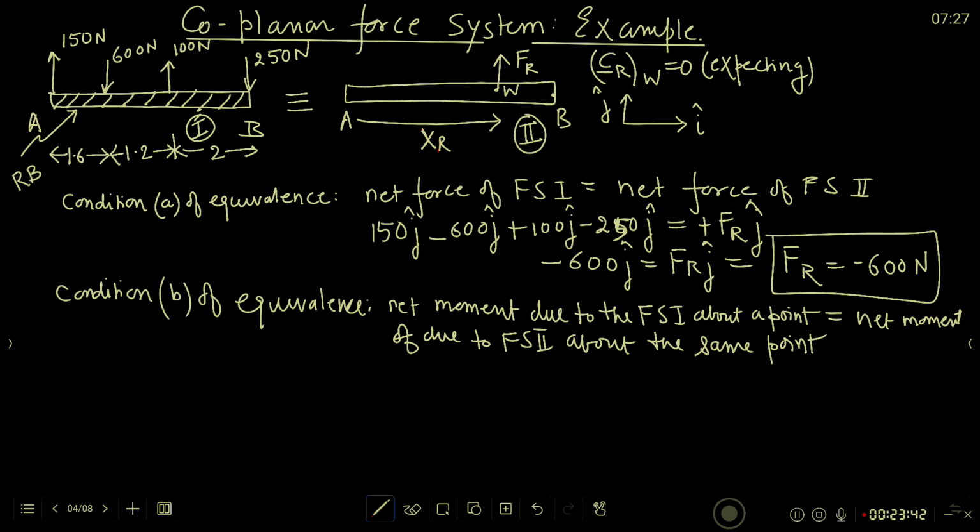Right? Let us choose that point to be A, that point about which moment will be computed. So I am saying MA equals M prime A, where prime means coming from FS2 and unprime means coming from FS1.